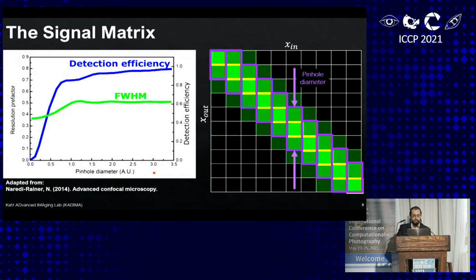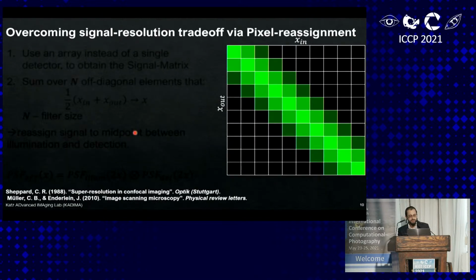Increasing the pinhole diameter will increase the detection efficiency, but the full width at half maximum of the effective PSF will get wider. And now, to answer this trade-off, in 2010, a method called Pixel-Reassignment was experimentally performed. And it said two things.